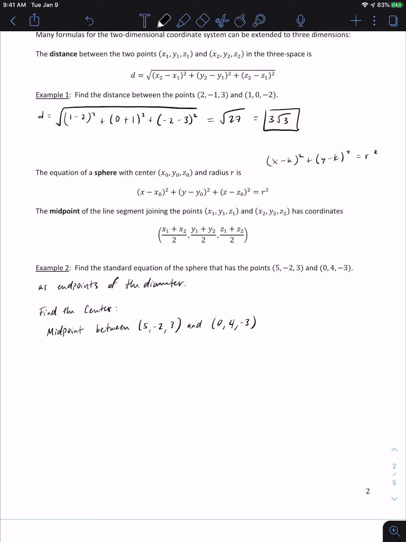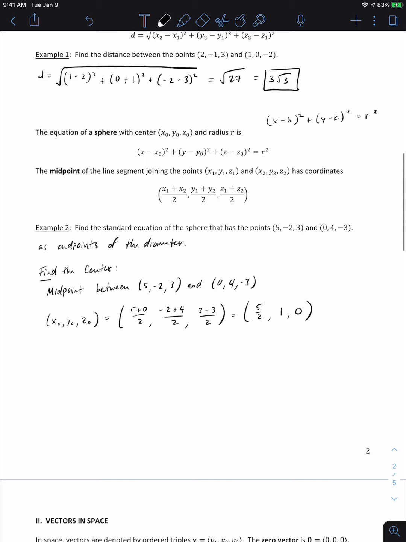So my center is going to look like x sub 0, y sub 0, z sub 0, and we're just going to take the average of all these points, right? So 5 plus 0 over 2, negative 2 plus 4 over 2, and 3 minus 3 over 2. So I end up getting 5 halves. Negative 2 plus 4 is going to give me positive 2 over 2, which is 1, and then 3 minus 3 is going to give me 0, right?